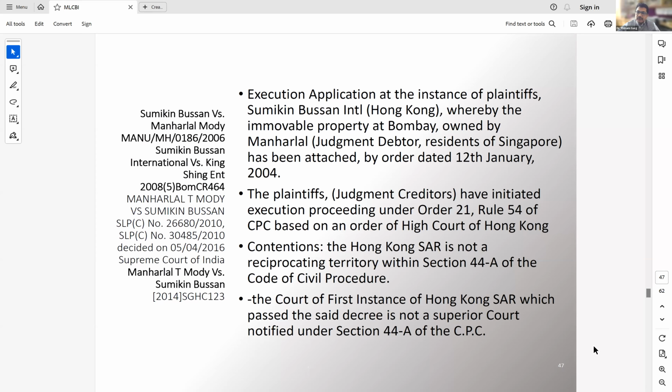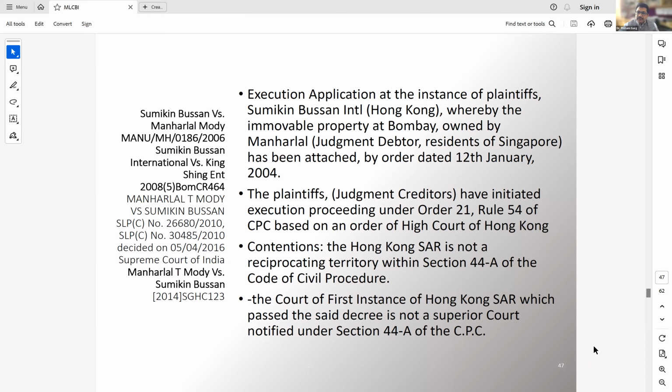Then this Manohar Lal was an original resident of India, and he owned some property in Bombay. So Sumikin Busan of Hong Kong, because the judgment was given by the Hong Kong court, wanted to commence execution proceedings against Kingshing Enterprises and the guarantor Manohar Lal, and get this Hong Kong order recognized and enforced in India, in Bombay, against the property of Manohar Lal.